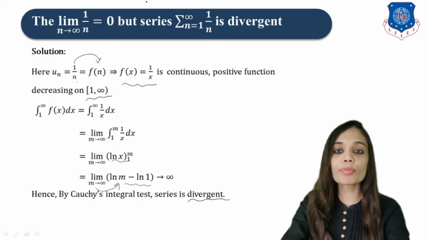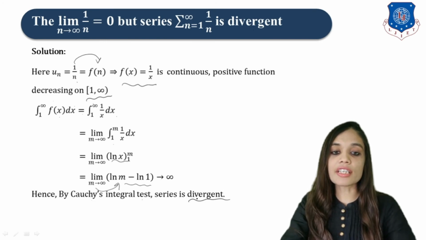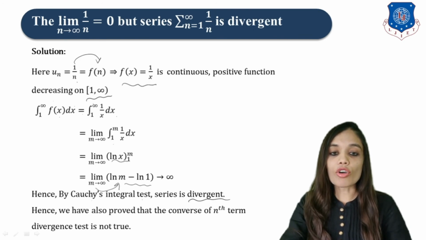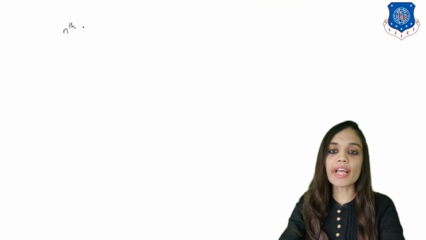So here what we have proved? The limit of nth term is 0, but the given series is divergent. So here we have derived that the converse of nth term divergence test is not true. Okay, so we have proved this also. So in today's lecture we have studied nth term divergence test.